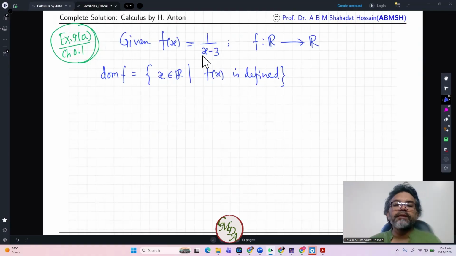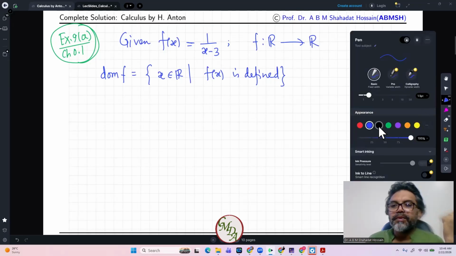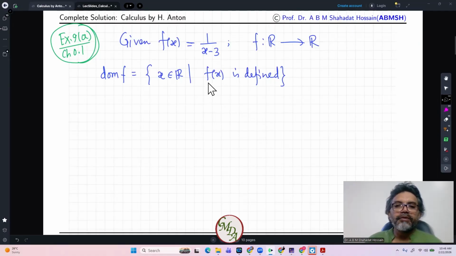Basically, there are three steps to find the domain of a function. First, we consider all real numbers. If there is a denominator, then that denominator cannot be zero. And thirdly, if there is a radical expression, a square root, then the expression under the square root cannot be negative. We will come back to this later.